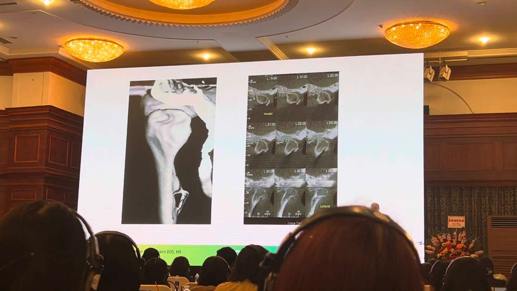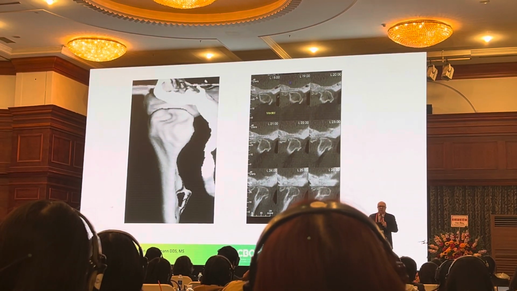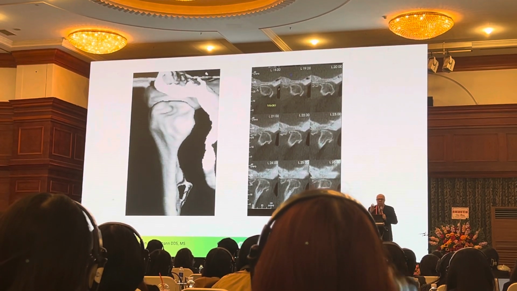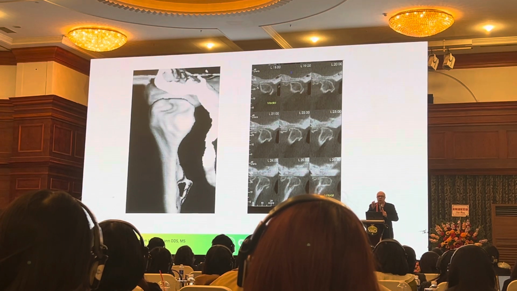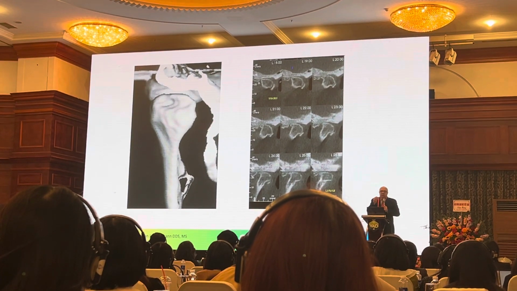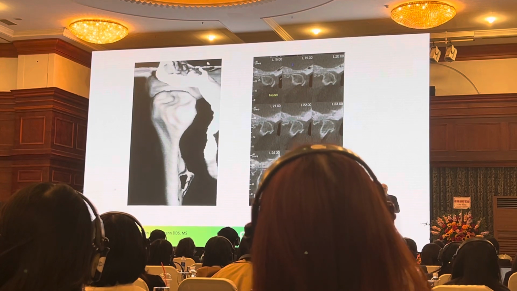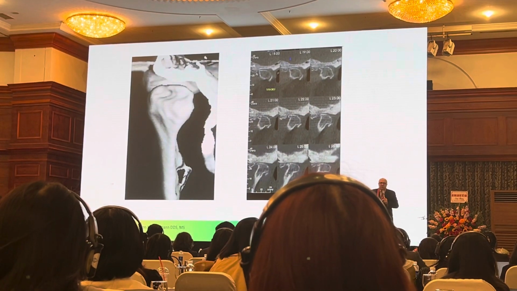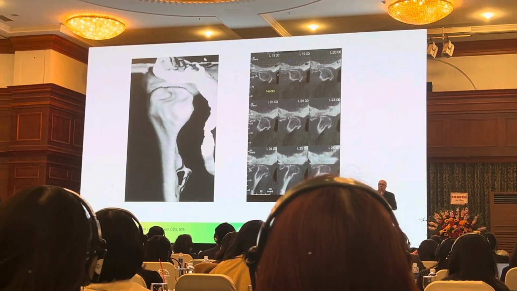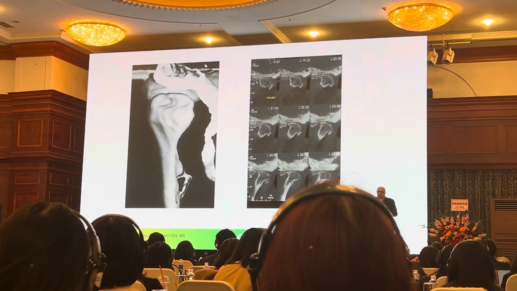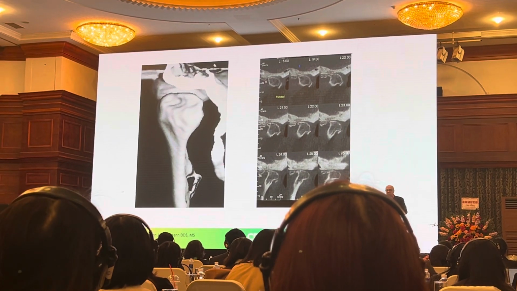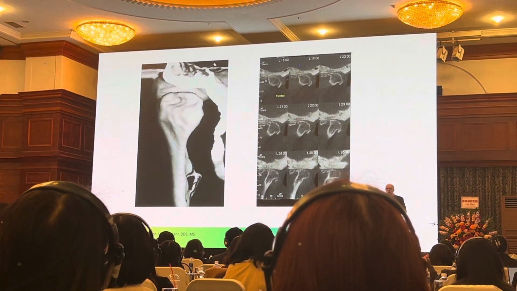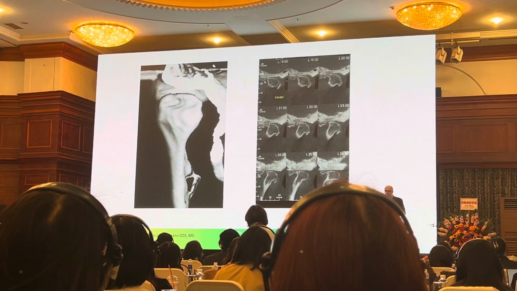So CBCT is good for what? To check the shape, to check the morphology. What is going on with the morphology of the condyle, to see what kind of functional input the condyle is receiving during the functional process. The condyle can be distorted in many ways, so depending on the distortion, I can suspect certain movements and compressions happening to the condyle.